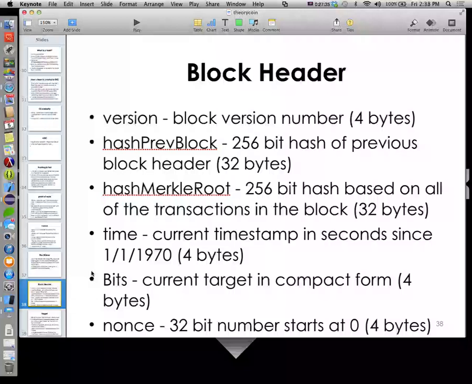Make the nonce bigger. Maybe make the nonce 64 bits, 8 bytes instead of 4 bytes. But wait, doesn't that break everything? Isn't that going to screw up our guess if we're giving it a 64-bit number instead of a 32-bit input?